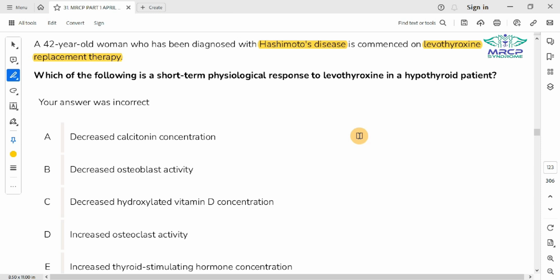Increased osteoclast activity. So the short-term physiological response to levothyroxine in a hypothyroid patient would be increased osteoclast activity.